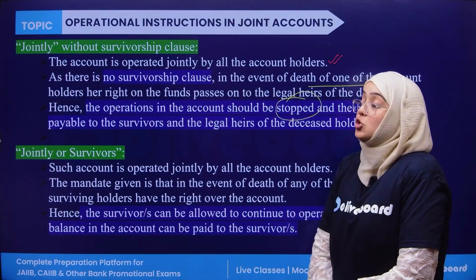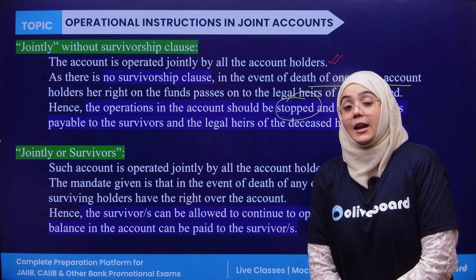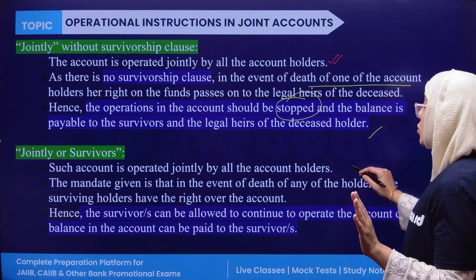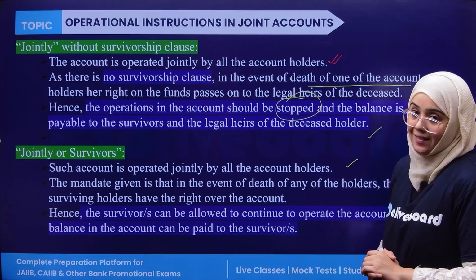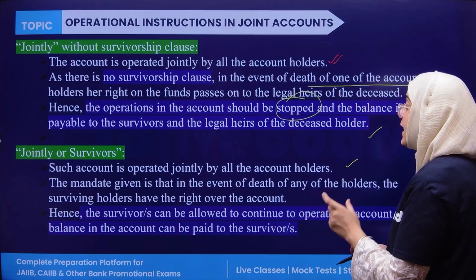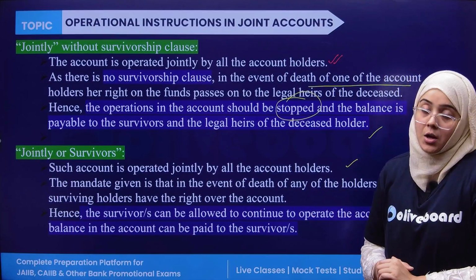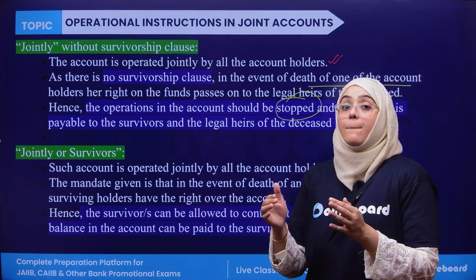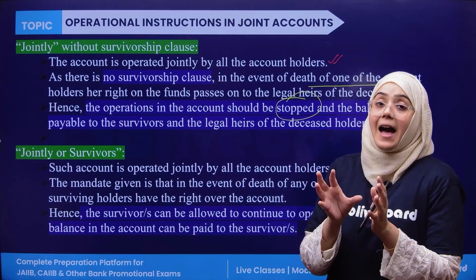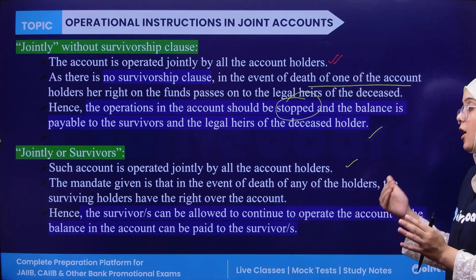Now there is jointly or survivorship clause. It means what? First of all, the account is operated by all the joint account holders. Now the mandate says that if there is a death of a holder, the surviving holder has the right over the account. If A dies, B has the hold on the whole account.